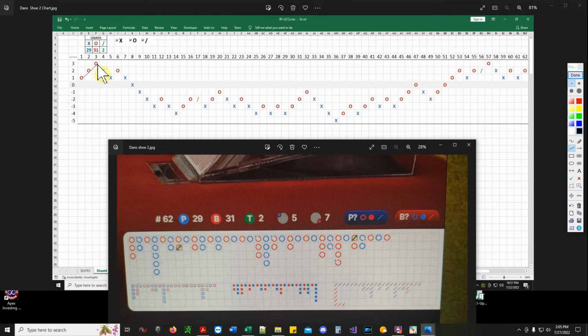Zigzagging. Looking for your areas of support and resistance. Use your manual zigzag indicator and draw your areas of support and resistance.